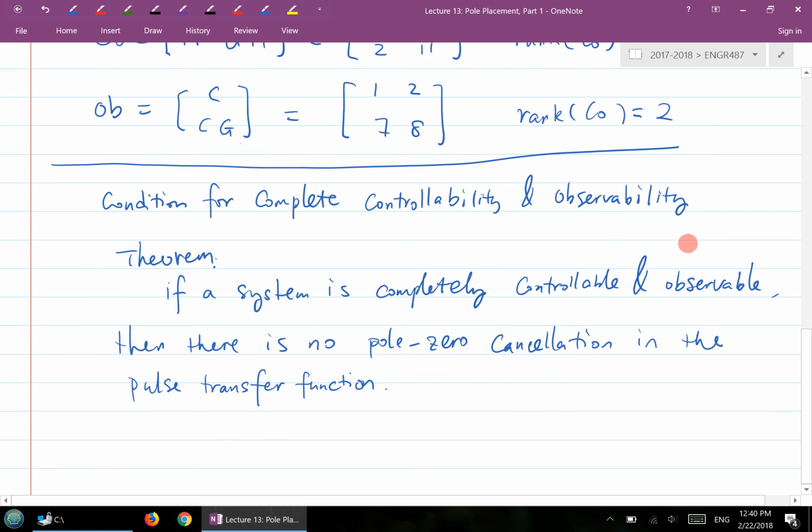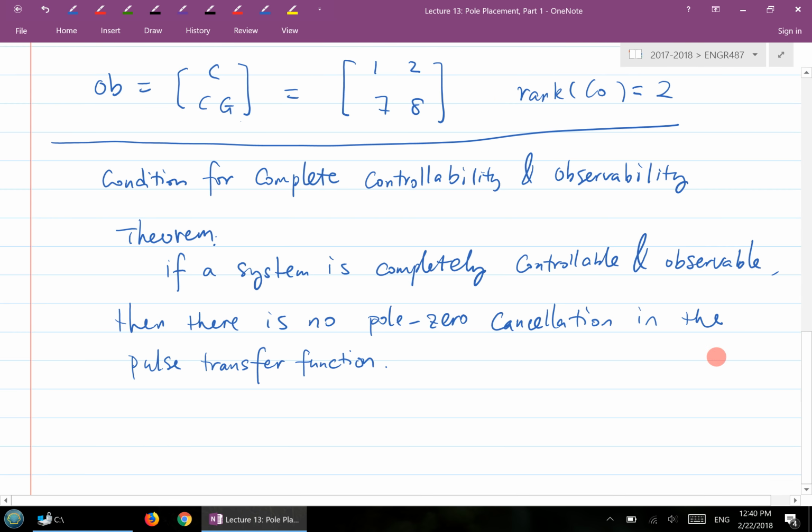This is actually basically a necessary and sufficient condition here.